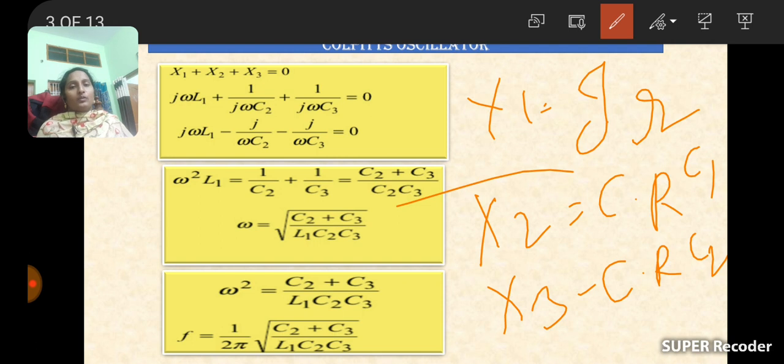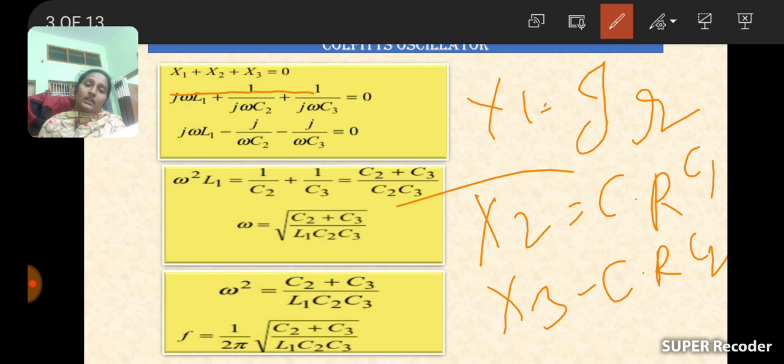So first we write the reactances. Inductive reactance is indicated with X1, the capacitive reactance of capacitor 1 is indicated with X2, and the second capacitor with X3. The total reactance in the circuit is equal to 0, so we write X1 plus X2 plus X3 is equal to 0.